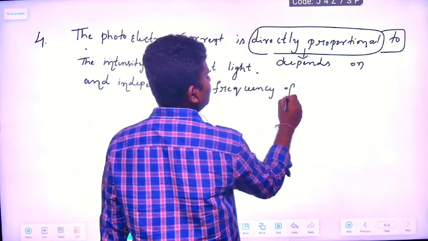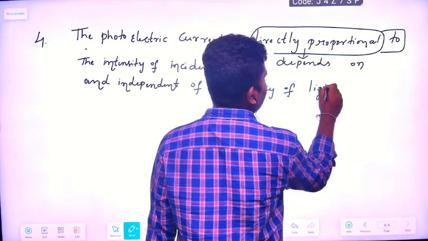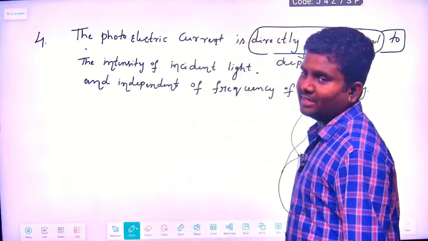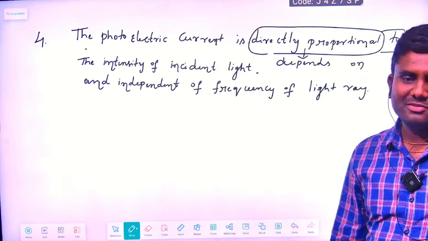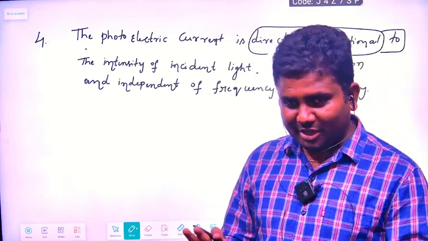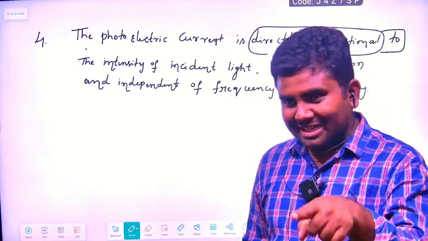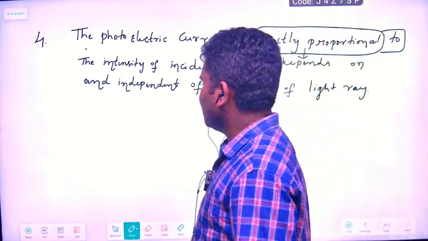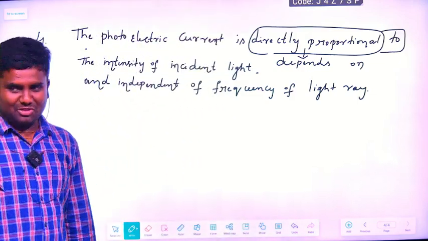As frequency increases, the number of electrons does not increase; only when intensity increases do the number of electrons increase. Understood?